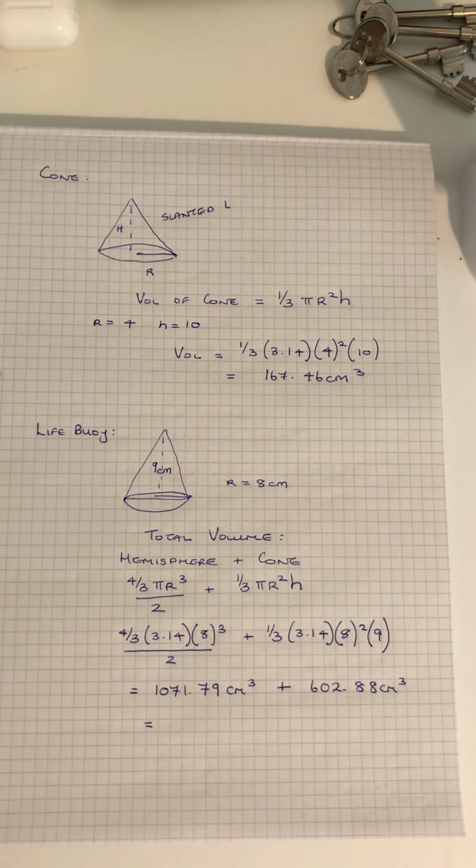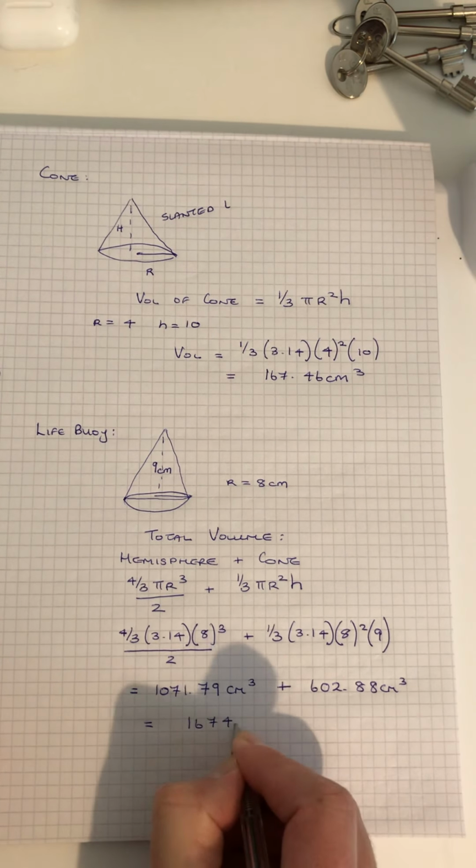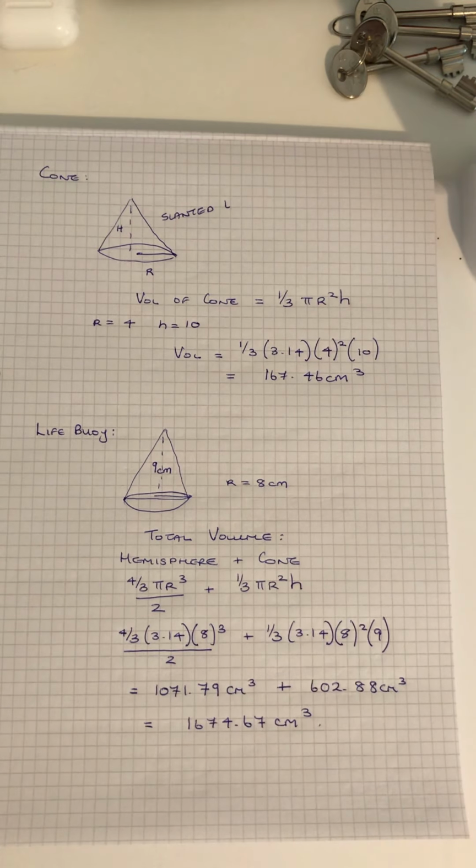So add the two of those, plus 1071, gives us 1674.67 centimeters cubed. So that's the total volume.